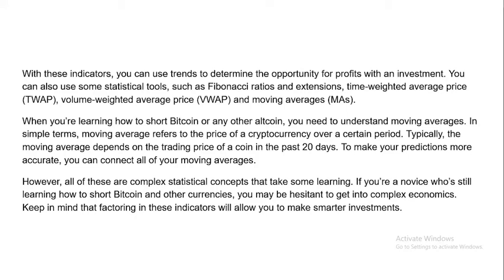In simple terms, moving average refers to the price of a cryptocurrency over a certain period. Typically, the moving average depends on the price of a coin in the past 20 days. To make your predictions more accurate, you can connect all of your moving averages. However, all of these complex statistical concepts take some time learning.